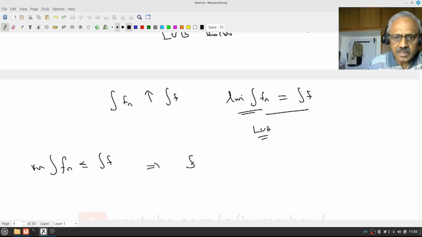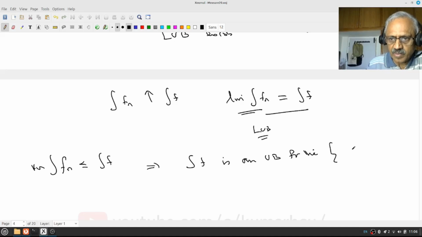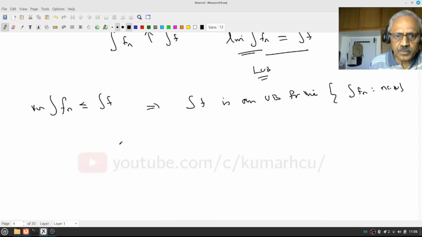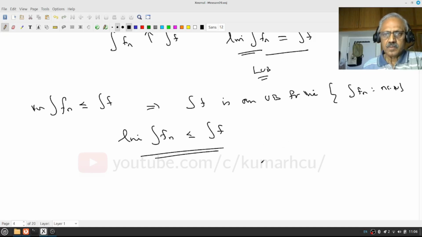Therefore the integral of f is an upper bound for the set, and the limit of the integral of Fn will be less than or equal to the integral of f. Please understand that we are doing a little analysis.